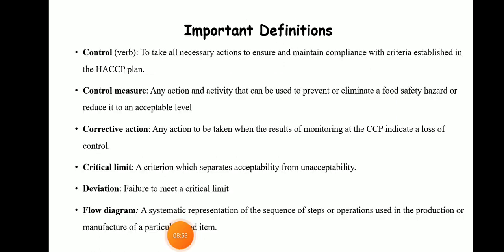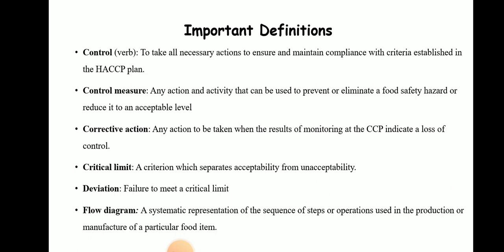Now, before we go into detail about HACCP, we need to understand some of the important terms and their definitions. First, control is all the necessary actions to ensure and maintain compliance with criteria established in the HACCP plan.